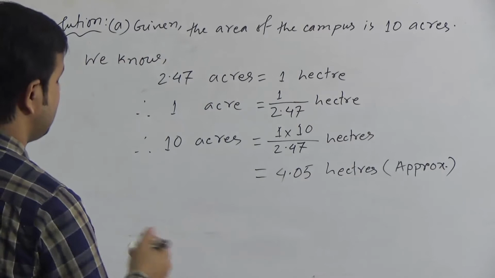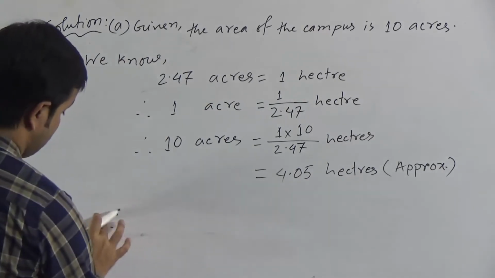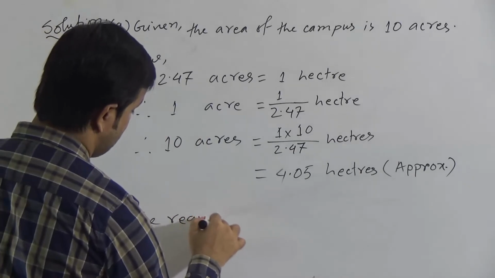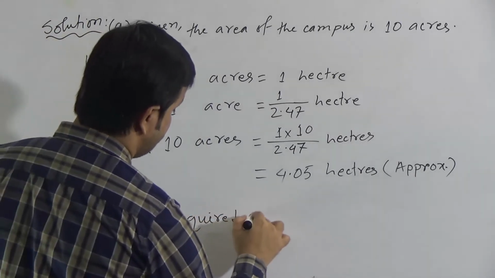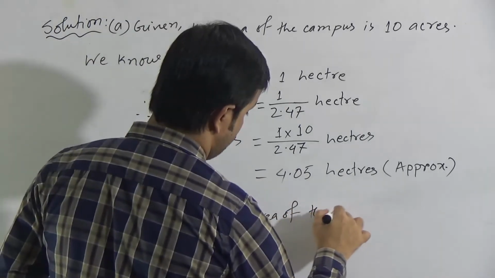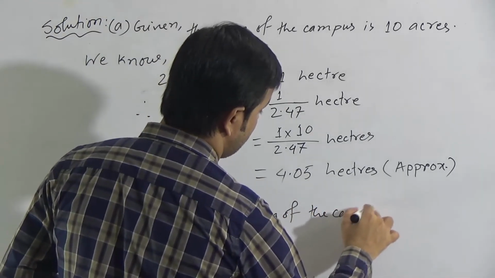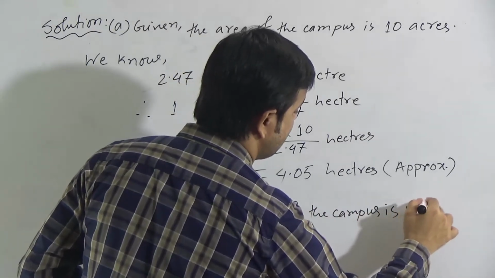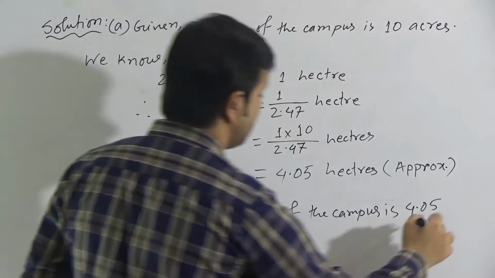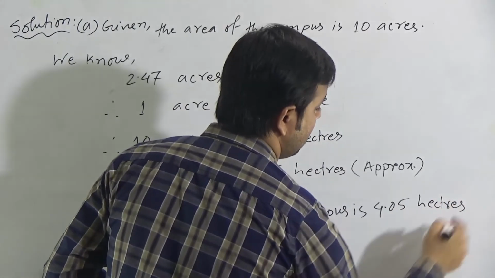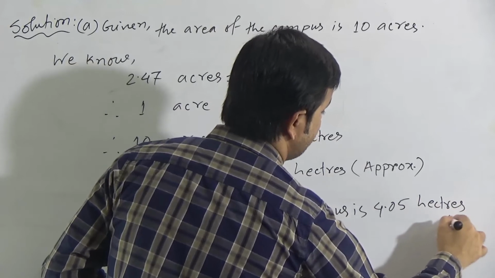So we can write, therefore the required area of the campus is 4.05 hectares. This is approximate.